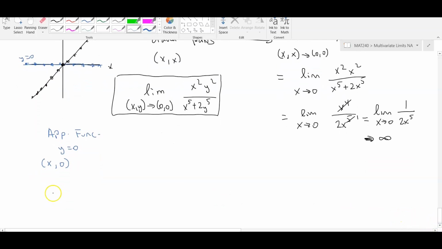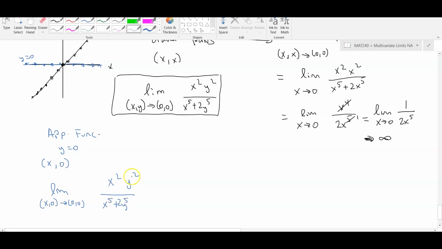So if I look at the limit as our approach function gets closer to the point (0, 0), this ordered pair just represents the function y equals 0, of x squared y squared over x to the fifth plus 2y to the fifth.